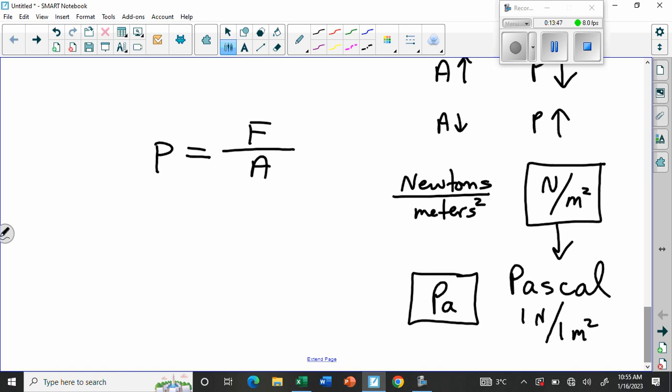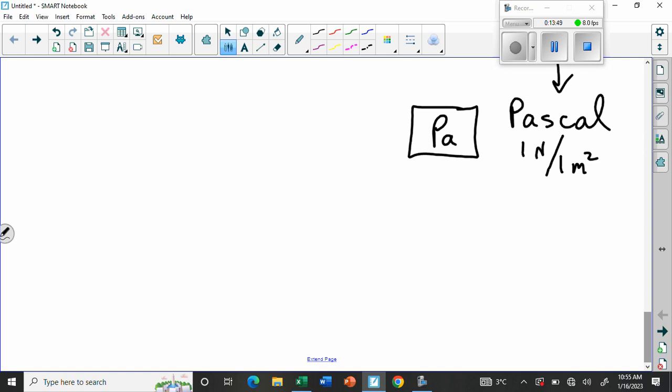So we could do a simple pressure calculation. How much pressure is being exerted by an object? Let's talk about you. Well, we could say the bottom of your boot, and to make it simple, we'll make a rectangular boot, and we'll calculate the area.